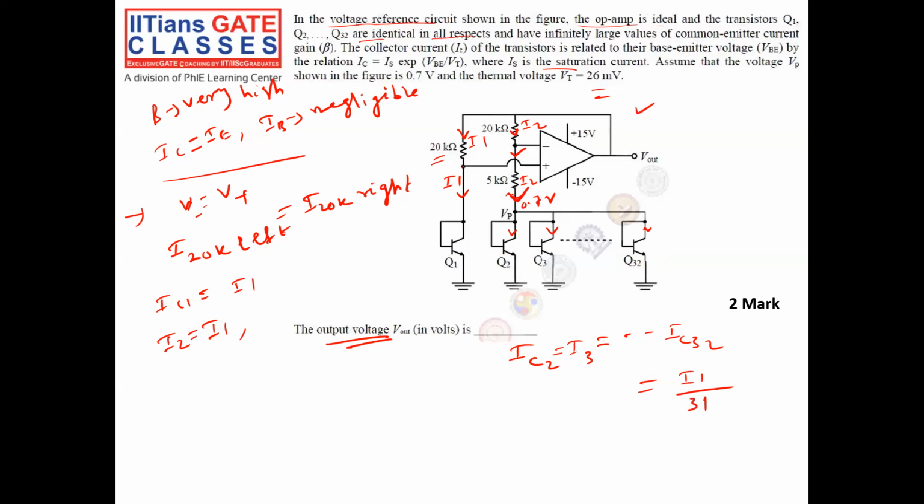Because the I1 coming in divides between all the transistors, the collector current of each one is I1 divided by the number of transistors, which is 31. So now we know IC2 is equal to I1 by 31.